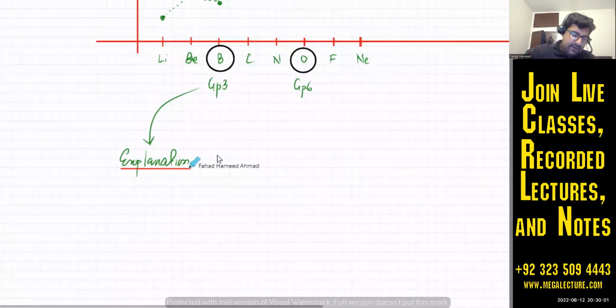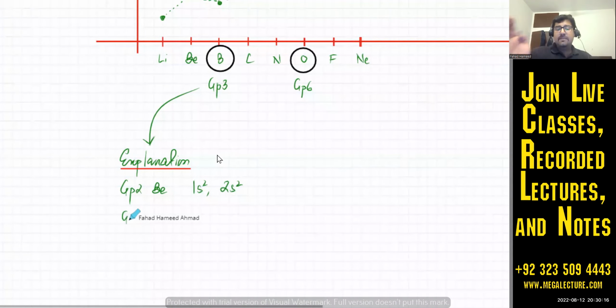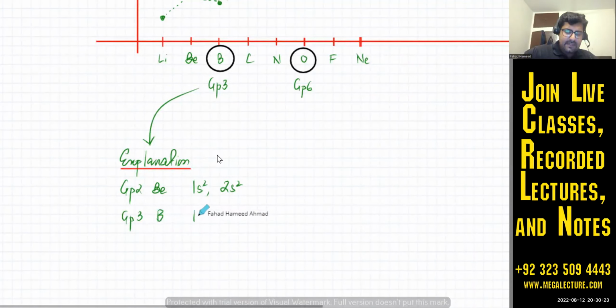Beryllium is in group 2 and has 4 electrons, so the electronic configuration is 1s2 2s2. When you move to the next element across the period, group 3, boron, it has 5 electrons, so it's 1s2 2s2 2p1.